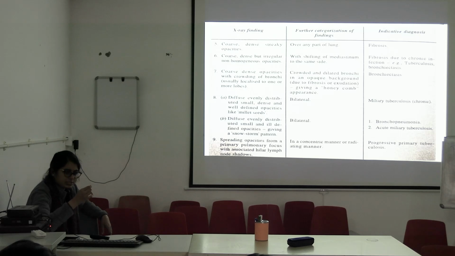When I see the chest X-ray, oh, the hilar lymph nodes appear to be large, and yes, I am seeing some small opacities over the lung field. My first suspicion will be, oh, this X-ray is suggestive. Then I will order a gastric lavage CBNAAT or a sputum test to see acid fast bacilli, or I will do a CBNAAT test where I will try to find the nucleic acid material of the Mycobacterium tuberculosis.